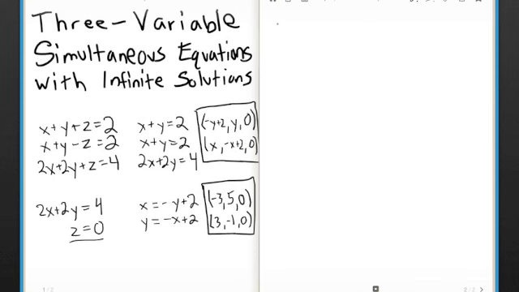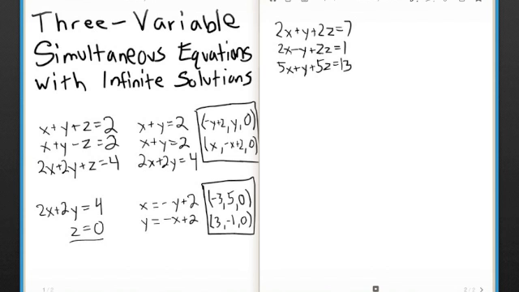Okay, let's take a look at one more. So here you can see that we once again have the same coefficient in front of all of a variable, the y here.